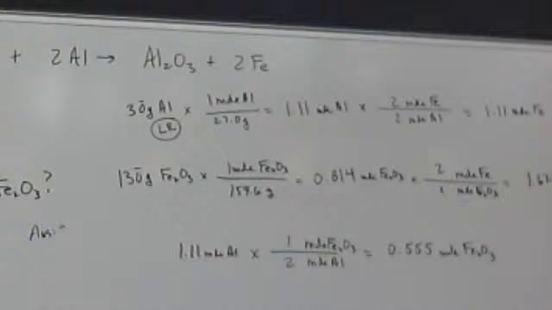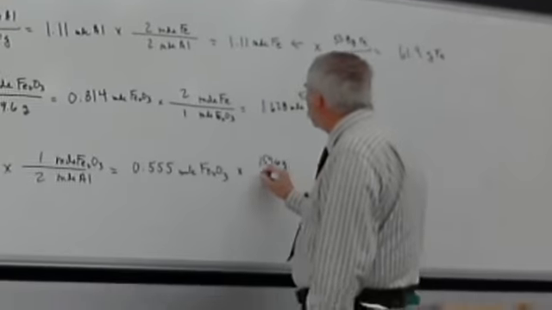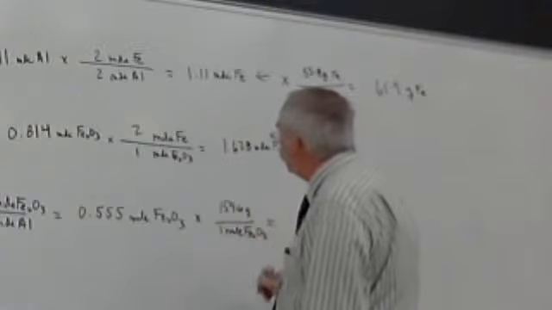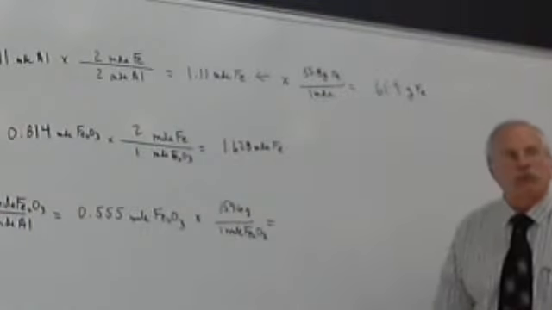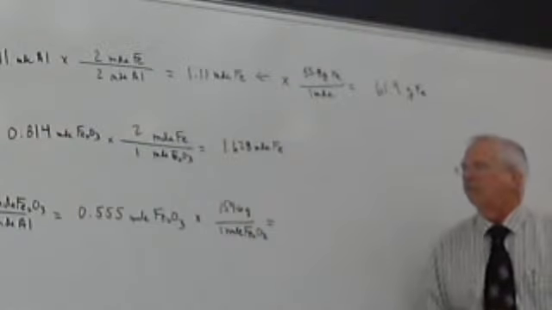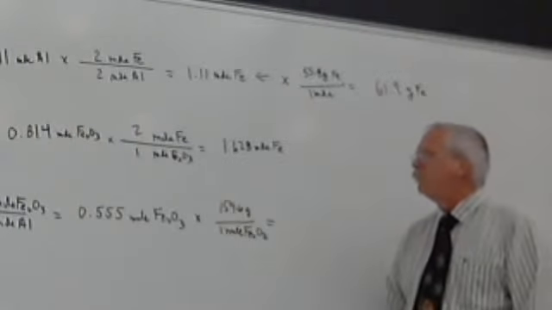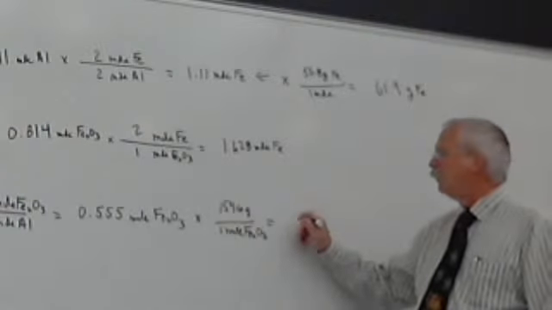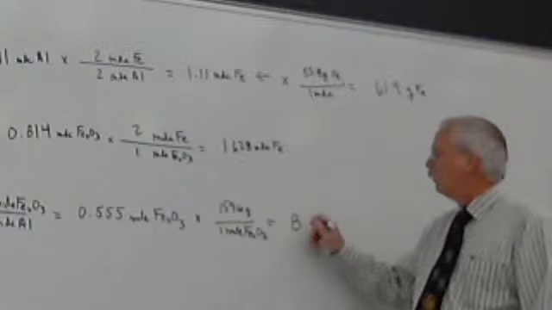Okay, can I change that to grams? Sure, I've already got the molecular mass. 159.6 grams for 1 mole of the iron 3 oxide. This tells me that I have a total of 88.245 grams.